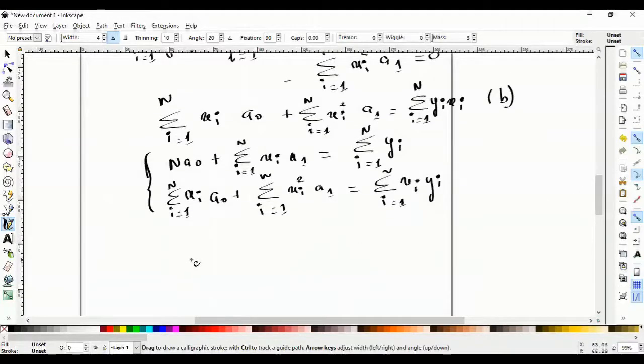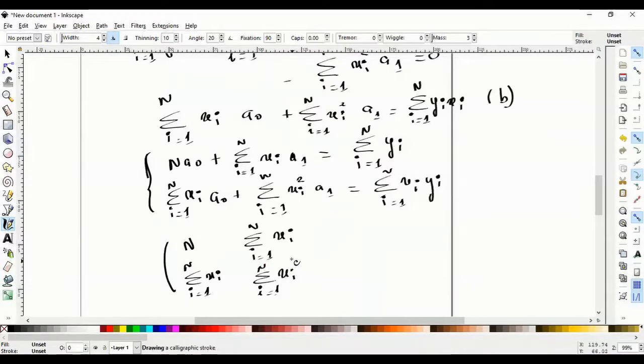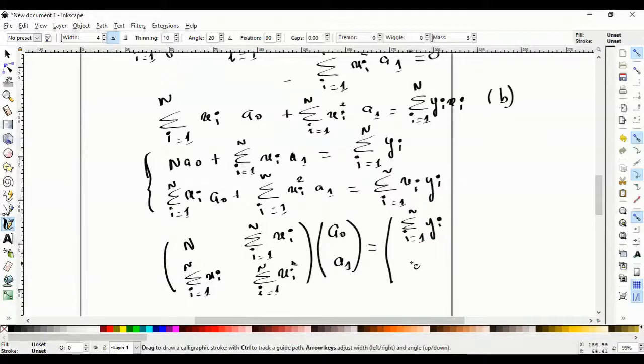So we express it in matrix form. We have the following matrix: n, the sum of i equals 1 till n of xi, and then the sum of xi, the sum of i equals 1 till n of xi squared, times a0 a1, equals the sum of i equals 1 till n of yi, and the sum of i equals 1 till n of xi yi.